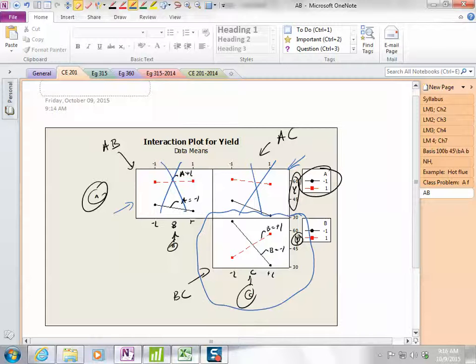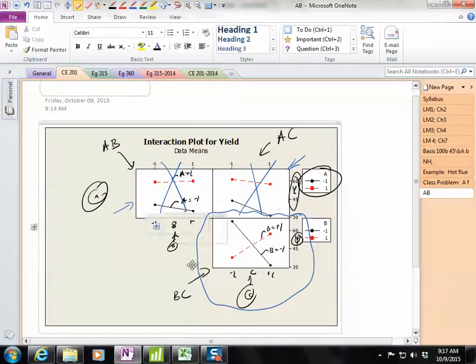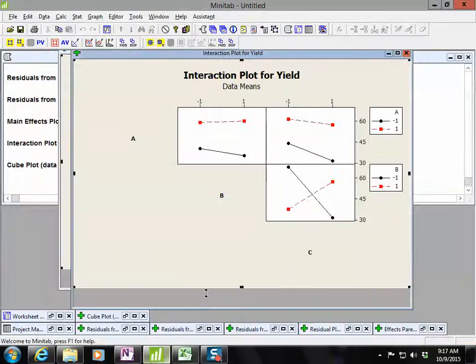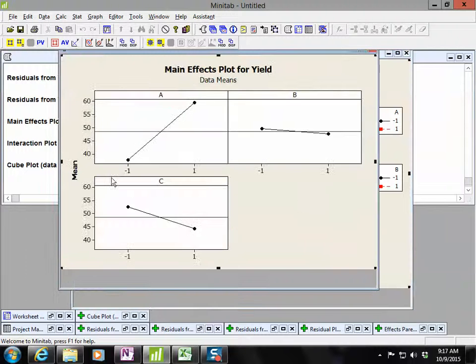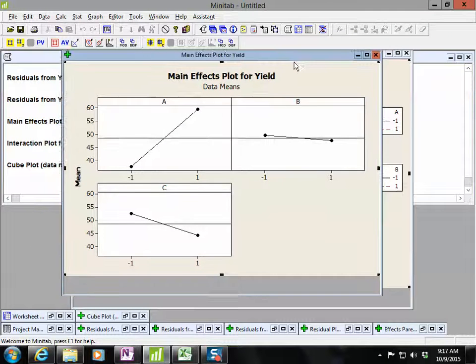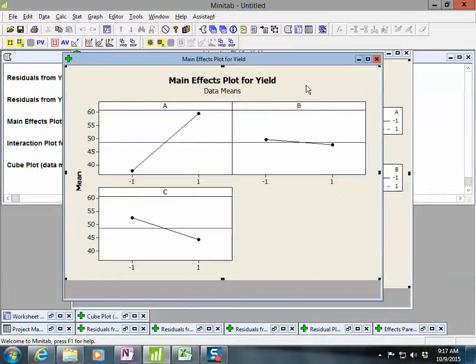Then I want to circle back and say something important. Well, everything I say is important, but this is extra important. There was a significant interaction between what? B and C, is that right? What's really important is that if you have a significant interaction between B and C, you can't fully explain what B is doing without talking about C, and the other way around.